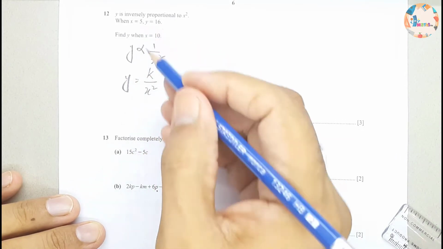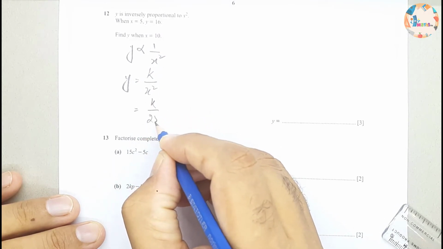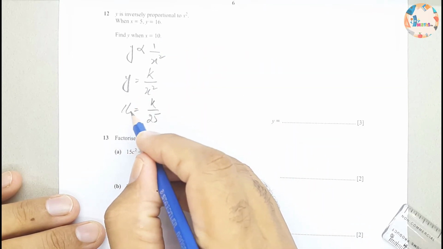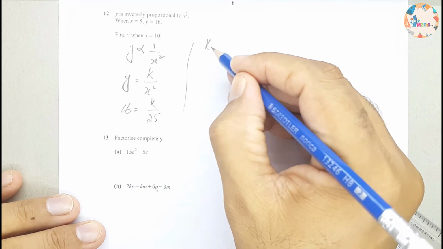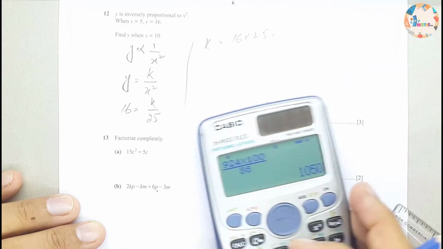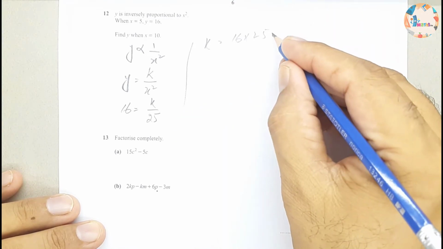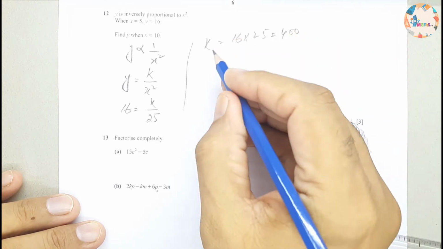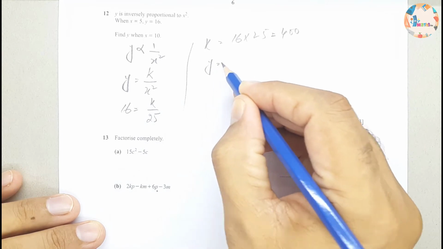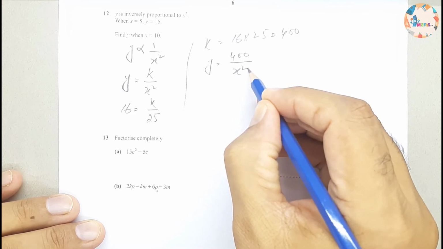Now we'll be replacing 5 which is the x value, so k over 5 square which is 25, and 16 which is the y value, so we can write here 16. So this implies k is equal to 16 multiplied by 25, and 16 multiplied by 25 will be equal to 400. So the k value is 400. Our modified equation will become y is equal to 400 over x square.